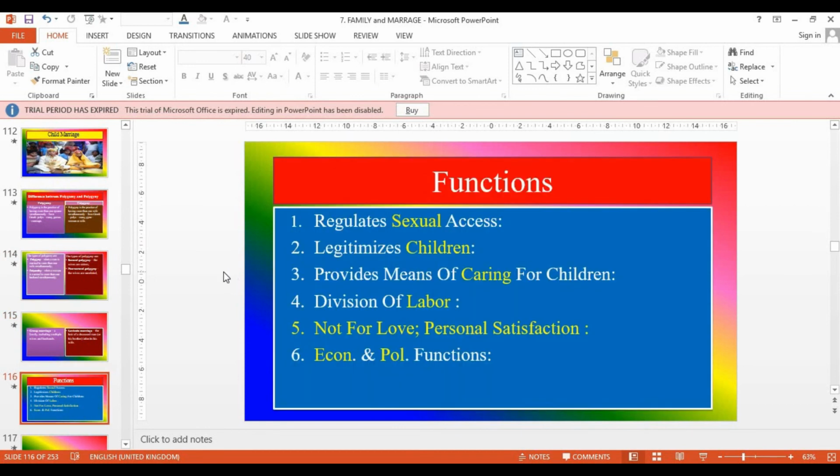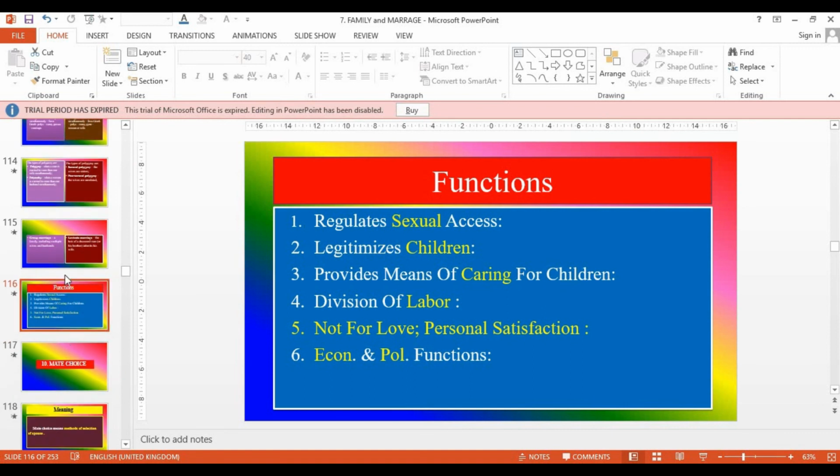Then functions of marriage, which is very important for examinations. This is repeatedly asked. First function, sexual access.